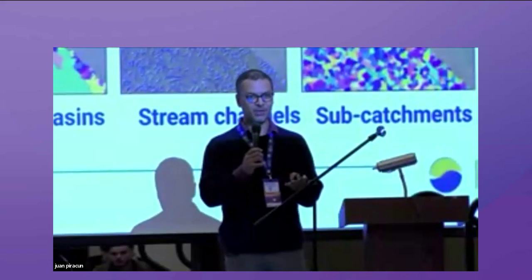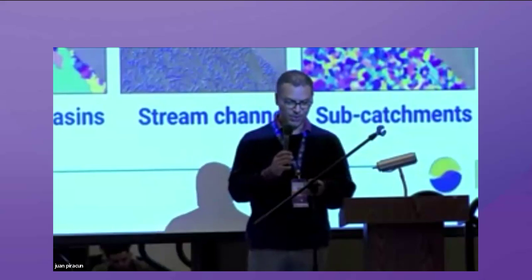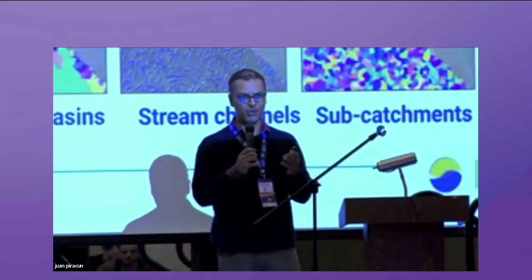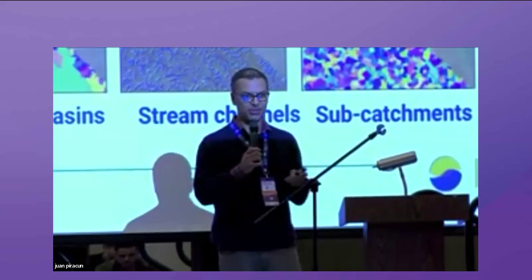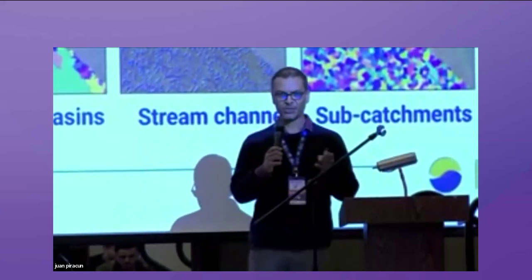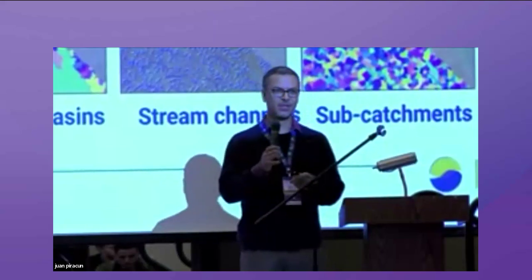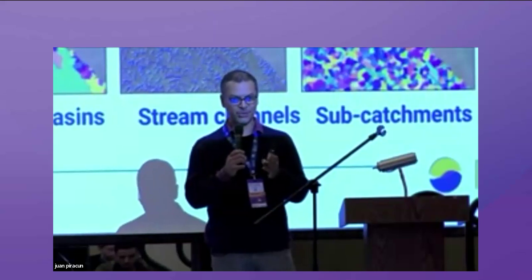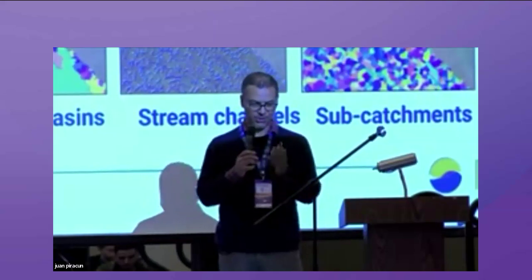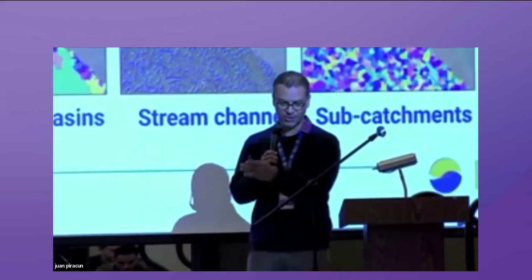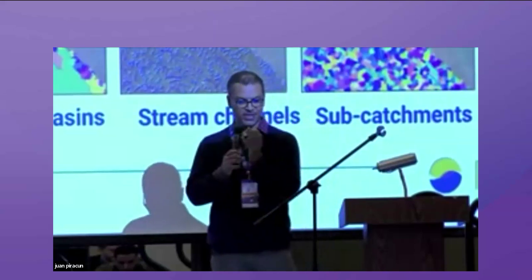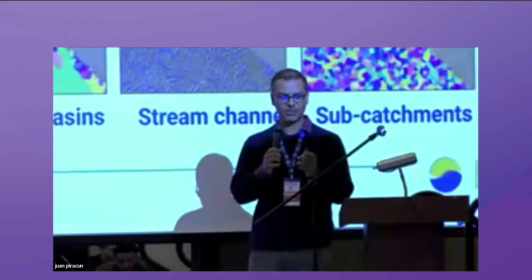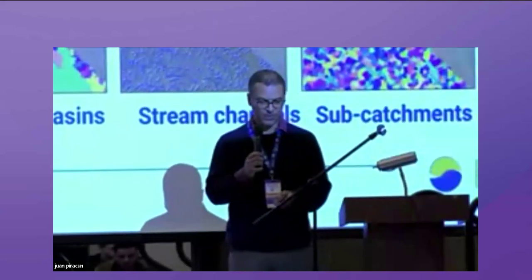What we did here was to take the most advanced digital elevation model at 30 meter resolution, where all the terrain corrections have been applied, and run some well-known hydrological algorithms, and we created a series of base layers. You can see here flow accumulation, flow direction, drainage basins, stream channels, and the subcatchments for each of these small stream channels.